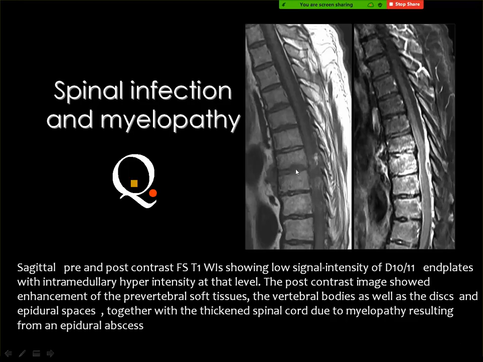You got here a lesion in the disc, and after contrast injection, you see that there is enhancement of this disc level and this disc level together with enhancement of the dura along the anterior and posterior aspects of the cord. Then you may notice also some changes in the cord parenchyma. Then affection of the disc associated with inflammatory granulation tissue in the epidural space is diagnostic of discitis with changes in the cord of myelopathy.